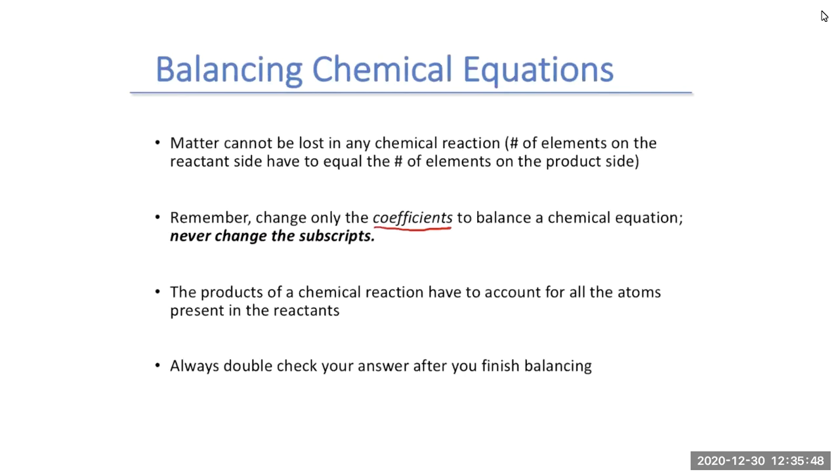So never, ever, ever touch your subscripts. And then the products are going to have to account for all the atoms in the reactants, and always double check yourself. It's always good to double check it to make sure you've balanced it properly. If you don't balance it properly, that can cause issues for you later on when we learn how to do calculations and do stoichiometry.